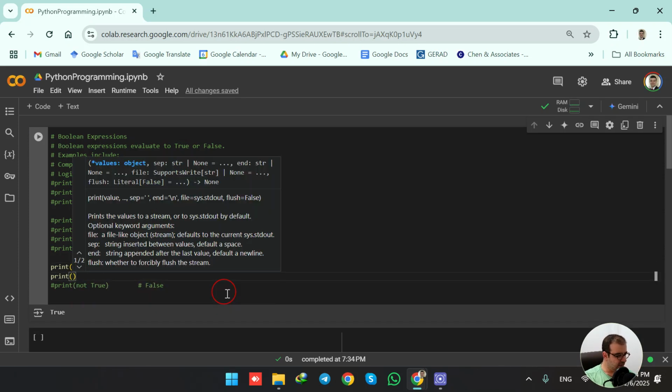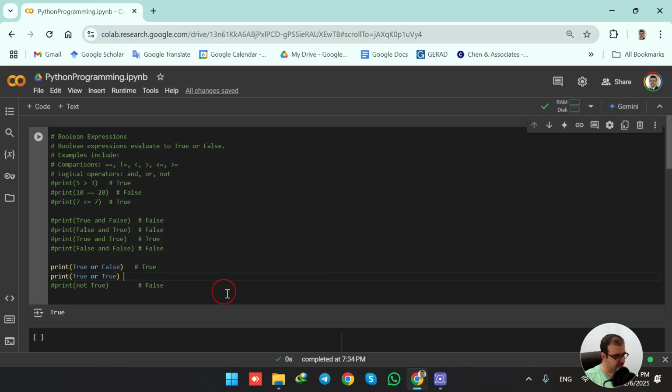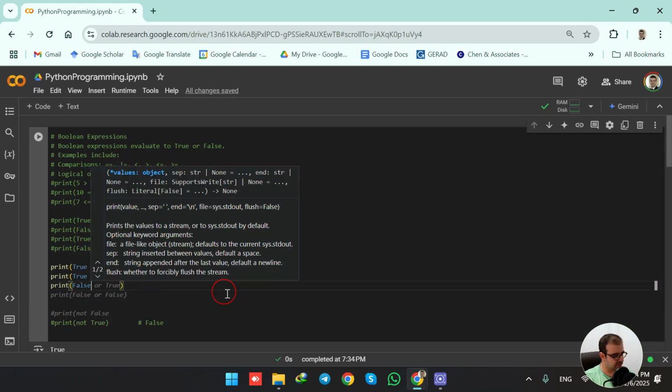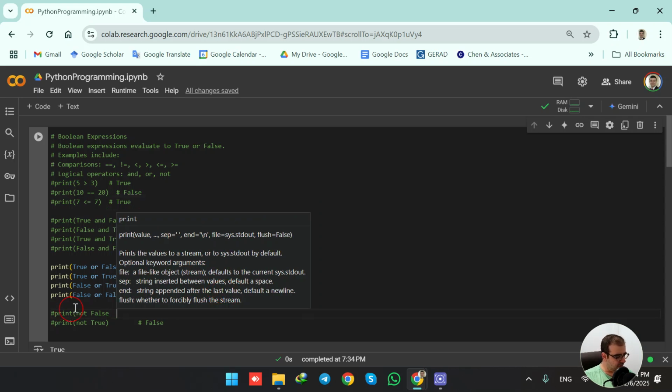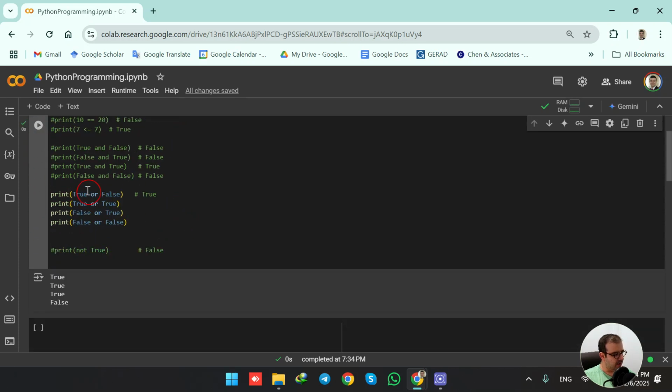So for other cases, if I have true or true, print false or false. So let me run this code. So here I'm saying true or false, the output is true.